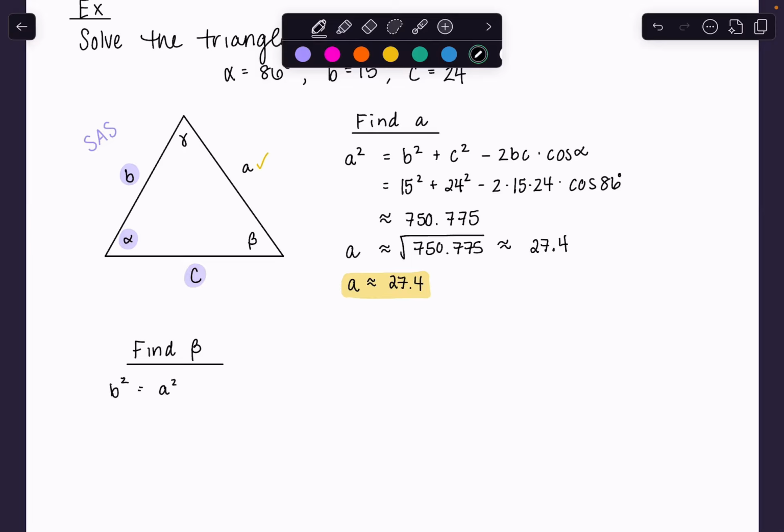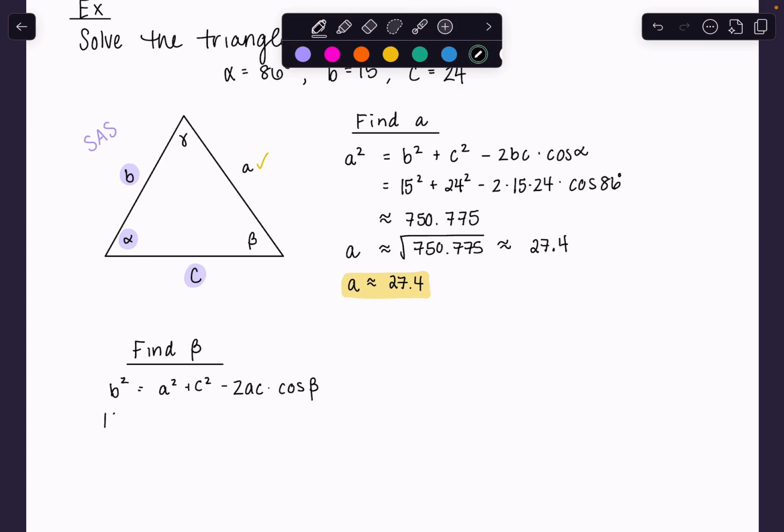So then we have A squared plus C squared minus 2AC, and then times cosine of beta. You're not going to be able to avoid using unrounded values, even if you did do that bad decision of switching to the law of sines, because you have to use A to find beta.